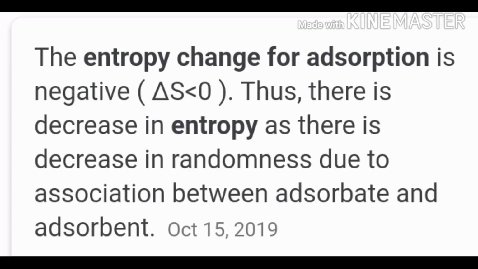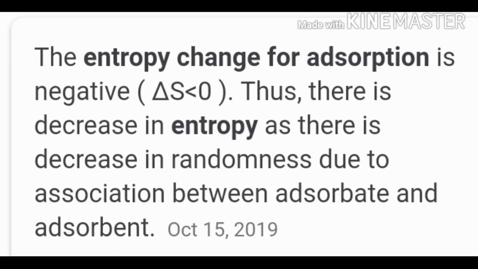Now students, adsorption is an exothermic process. What is the reason for it? Actually, whenever the adsorption takes place, the residual forces on the surface of the adsorbent decrease. This appears in the form of heat called heat of adsorption, hence it is exothermic. Now, the entropy change whenever the adsorption takes place is negative. So, for the adsorption to take place, delta G must be negative.